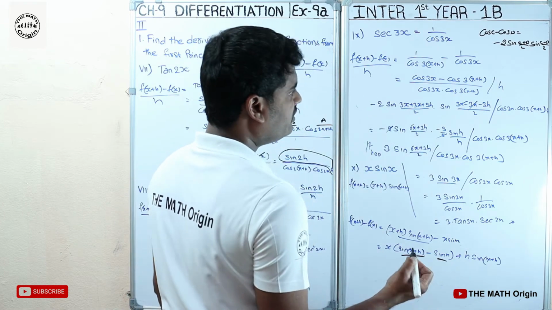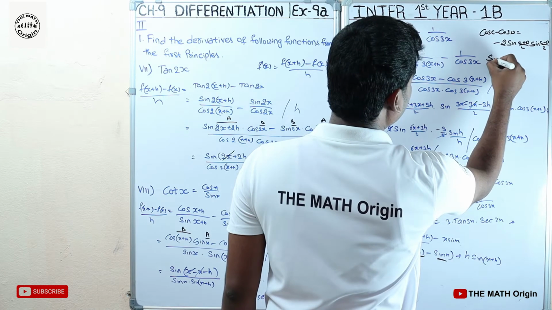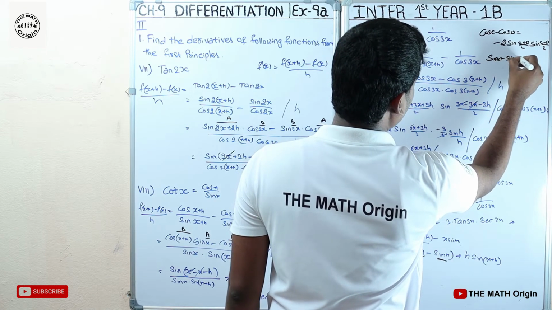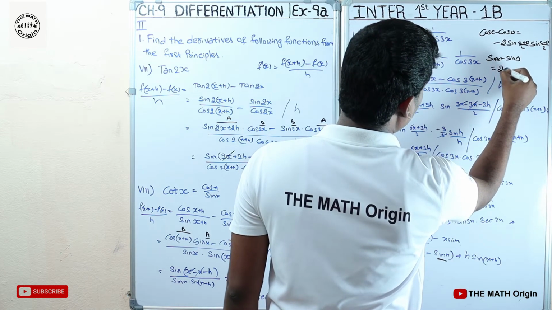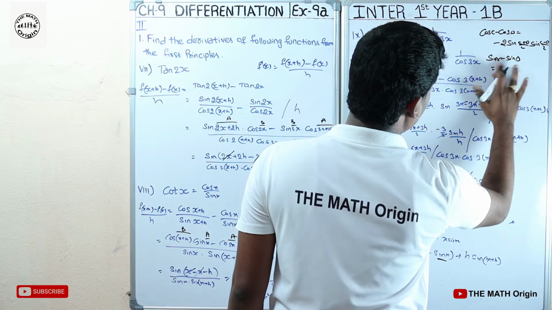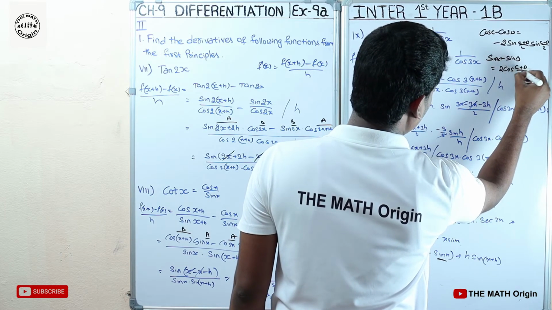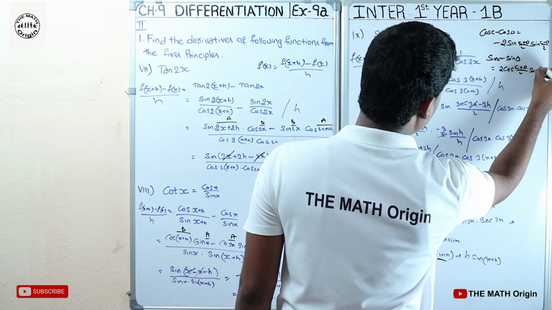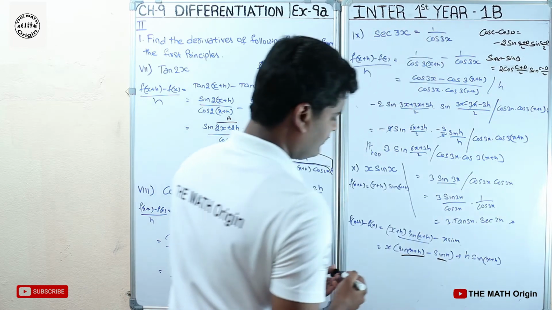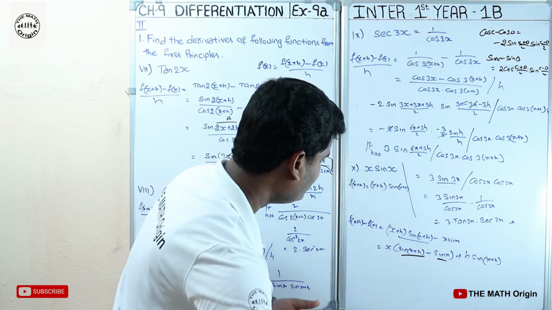Let's write the formula over here. Sin c minus sin d is equal to 2 cos (c plus d)/2 sin (c minus d)/2. Okay, let's apply that value here.